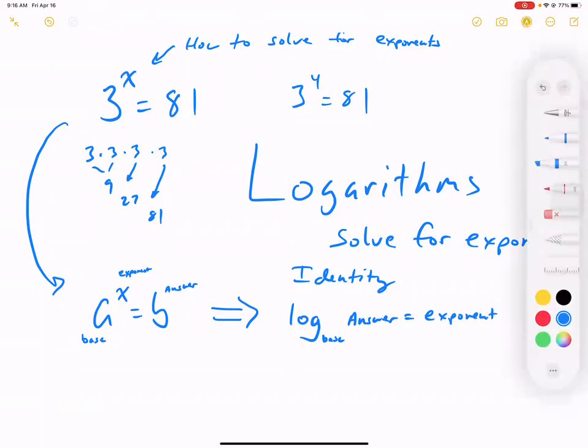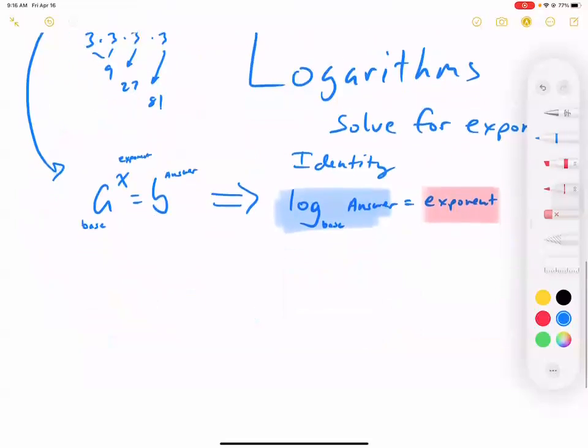Logs are equal to exponents. Whenever you log something, you are not looking at just some random value. You are only looking at exponents. Logs are exponents.